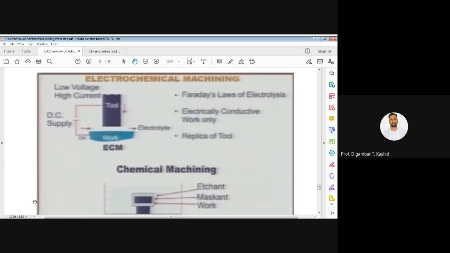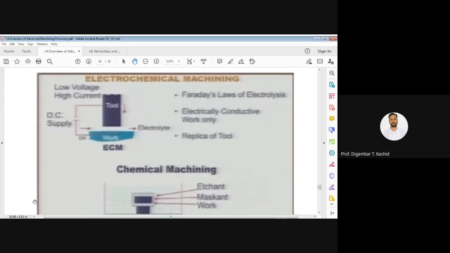Rather than the mechanical property of the workpiece, we have to concentrate on the chemical or metallurgical property, because depending on these properties, your performance of this process is going to be affected.